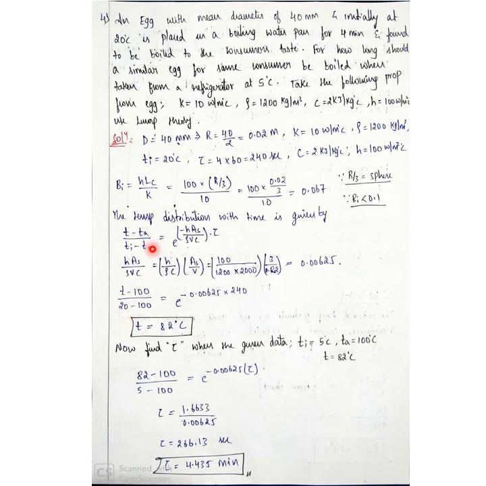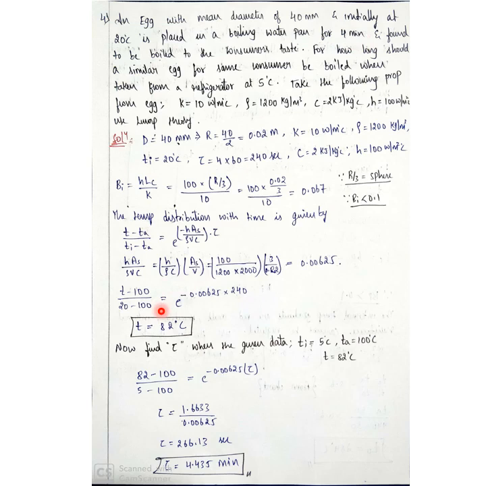What is the ambient temperature? Boiling water, so ultimately it leads to 100 degrees Celsius, as you all know. He is asking what temperature the egg attains, because we consider 4 minutes, which is converted into seconds.